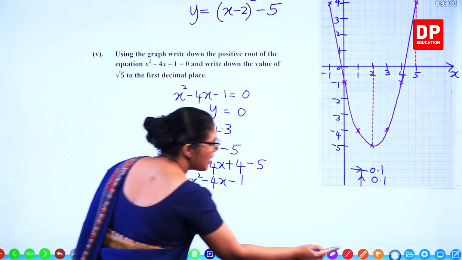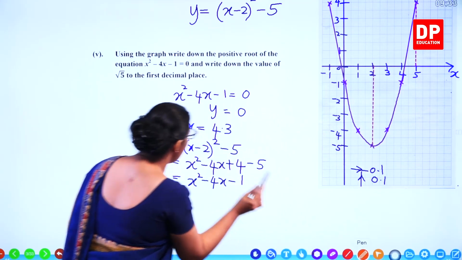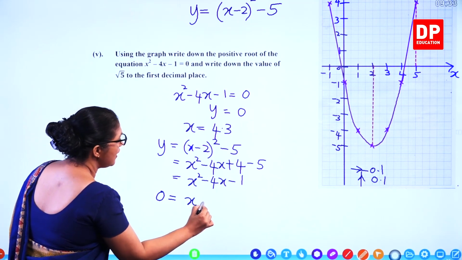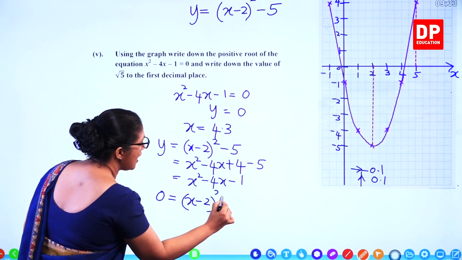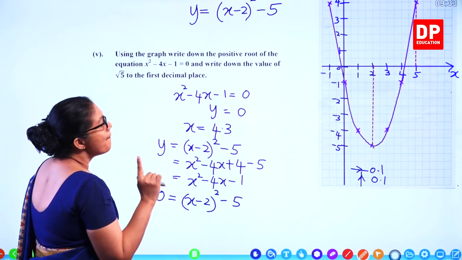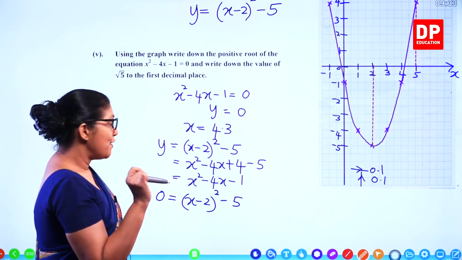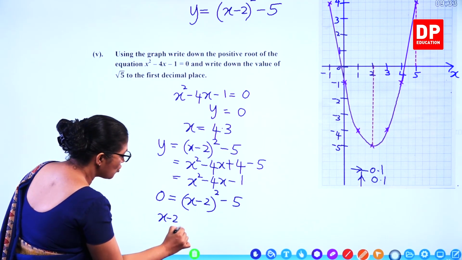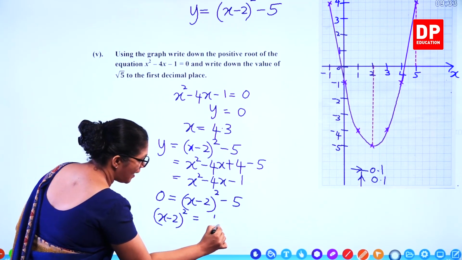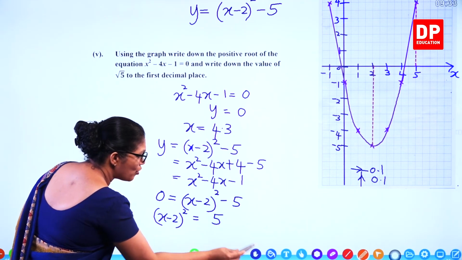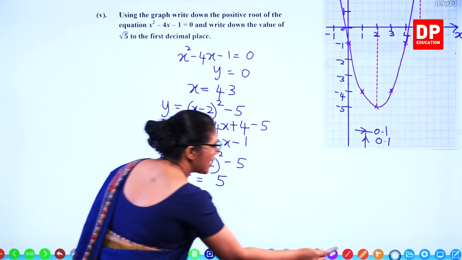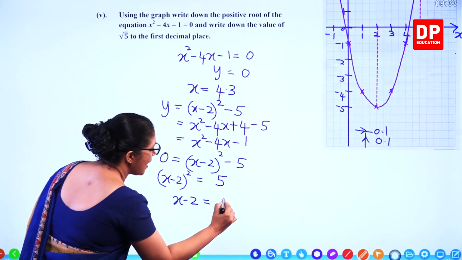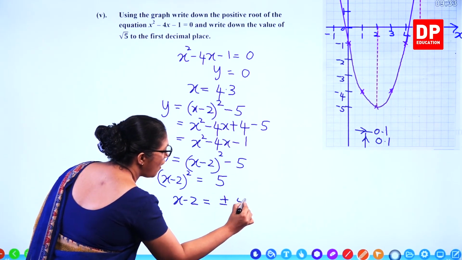Then you can use it when y equals 0. We found that x is 4.3, so this is 0. Take 5 to the other side. That means x minus 2 squared is equal to 5. Take the square root of both sides, and you get x minus 2 equals plus or minus root 5.